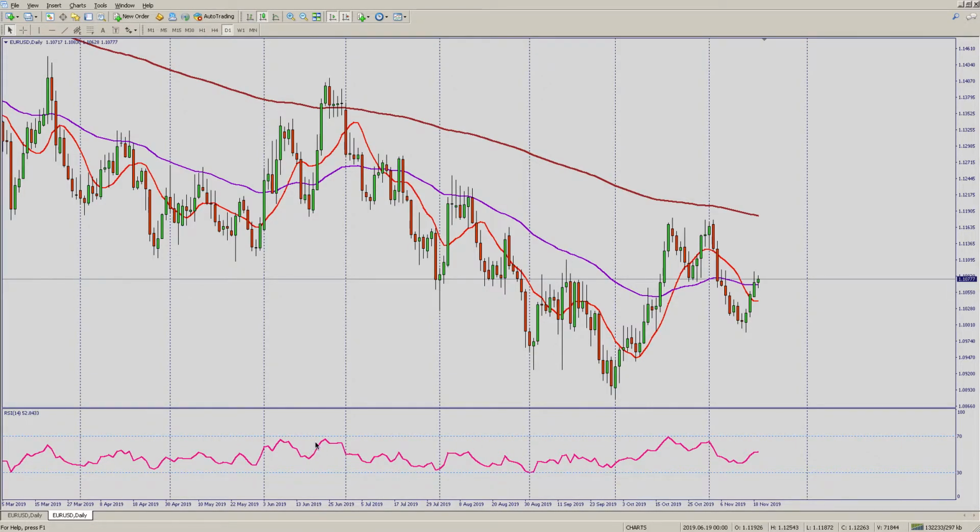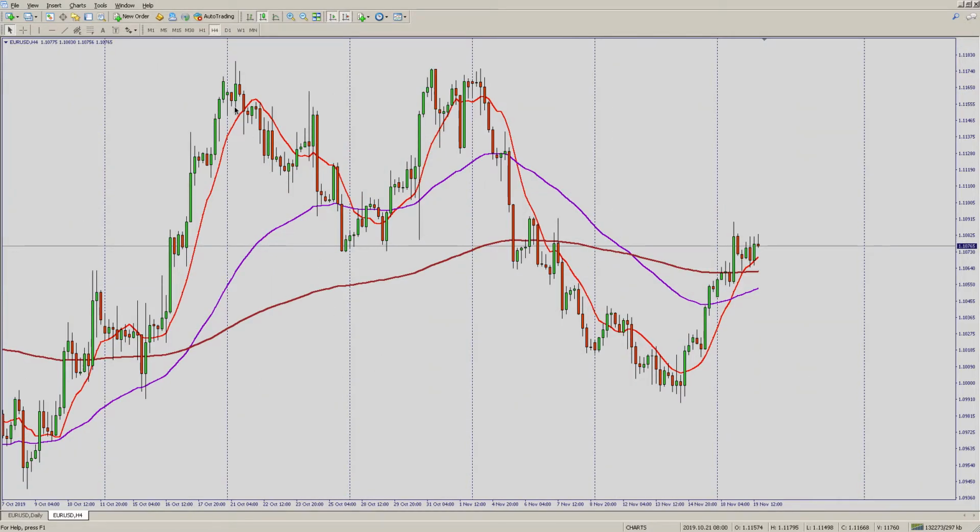So we can use this RSI 14. You can even shorten the period if you prefer to 10, so that it covers 2 trading weeks. The default is 14. So if we change to 4 hour, it's not going to show up.